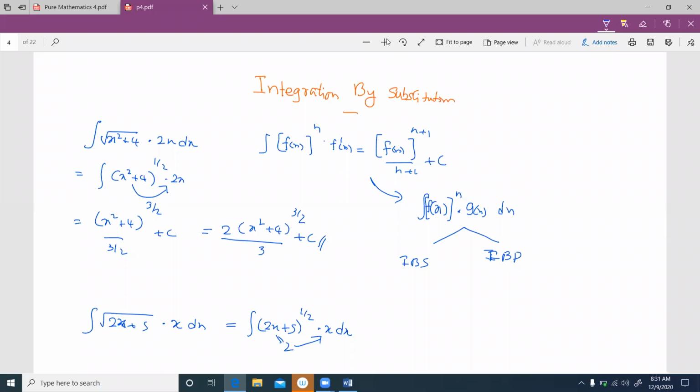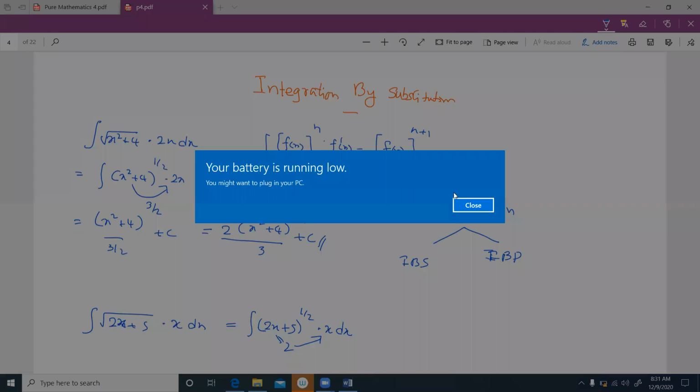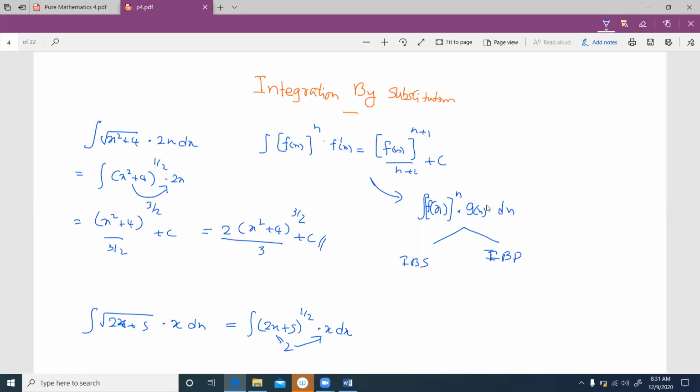Usually, if these two functions are of the same type, for example both polynomial, you can go ahead with integration by substitution. But if these are two different types of functions, for example one polynomial and the other an exponential or trigonometric function, we have to go ahead with integration by parts. We'll come to that kind of question a little later.